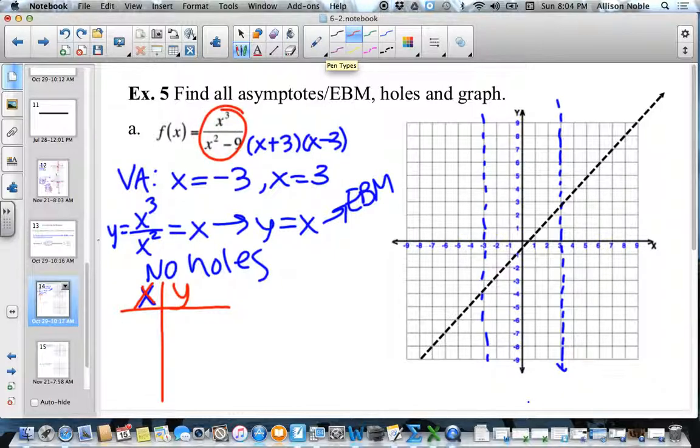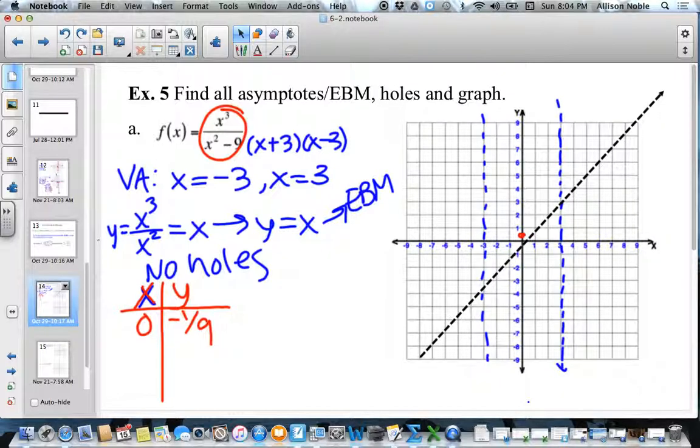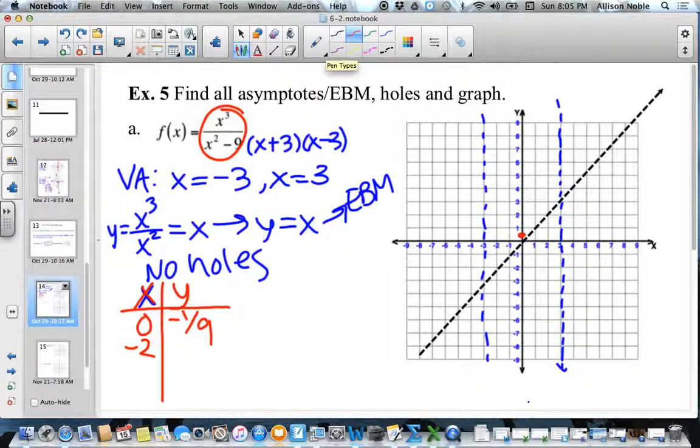I'm not going to go back and forth between the calculator because I'm just going to do a few. If I plug in 0 for x, I would get negative 1/9 for y. So I would plug in 0, negative 1/9, which should be right there.